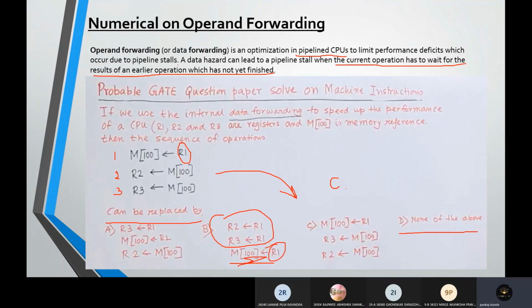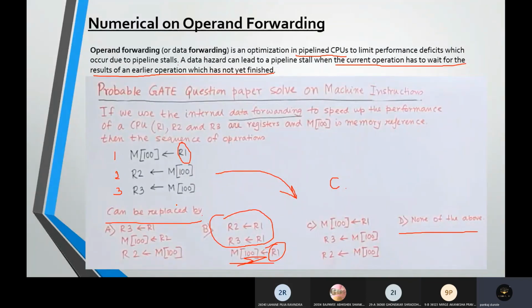So there is no result that I'm using here. The R1 data is moving into M100, and if you do not have any data in M100, you cannot execute this instruction, and even the third instruction.